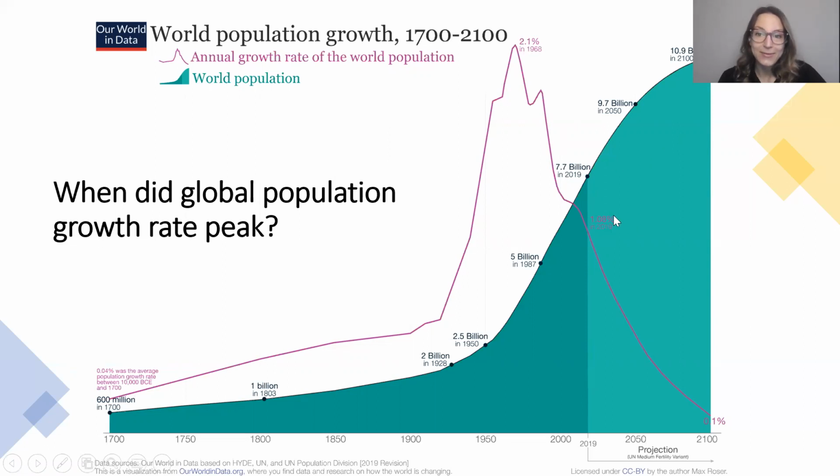So this part of the graph here where you see this lighter green, this is a projection, and that's because demographers are in a bit of conflict here. They don't actually know what's going to happen. Based on their best guesses, it really depends on what happens on the continent of Africa. A lot of the nations there are still experiencing exponential population growth, but the question is how quickly that might stop.